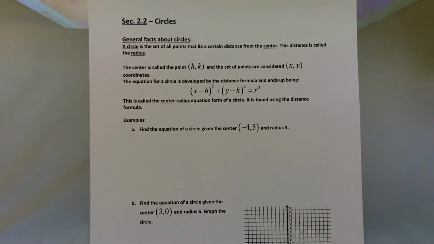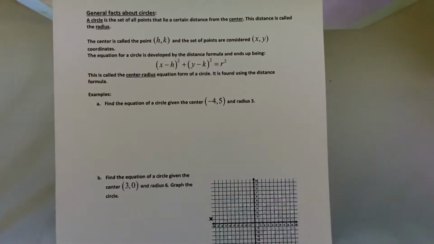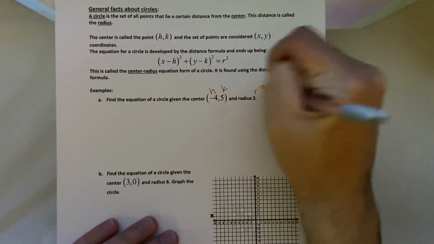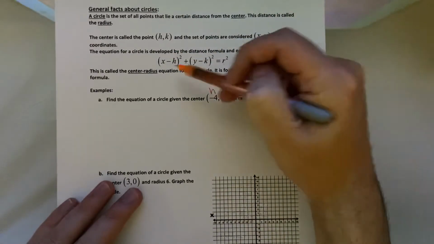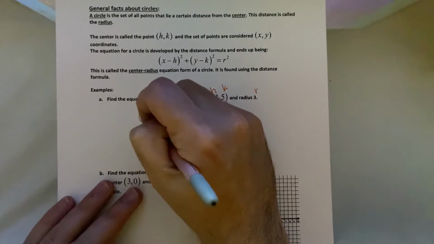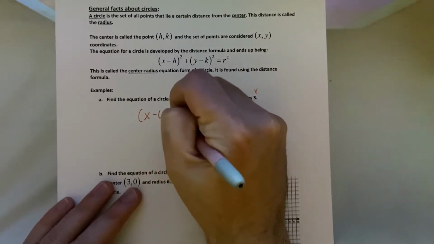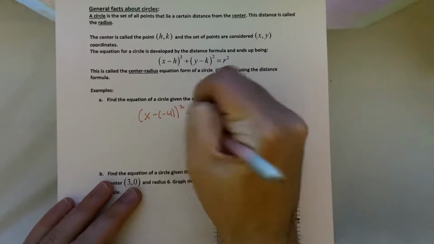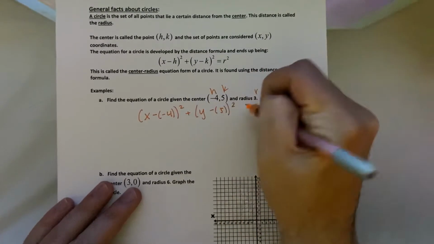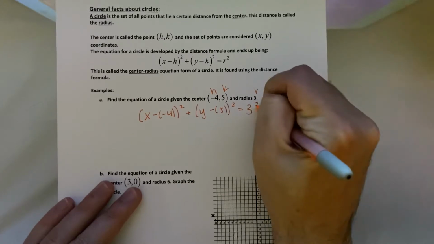But for now, we're just going to practice finding the equation of a circle given center (-4, 5) and radius 3. So this is (h, k). My radius is here. So I just put this into the equation. So (x - (-4))² + (y - 5)² = 3².